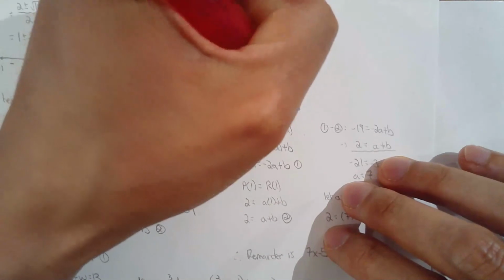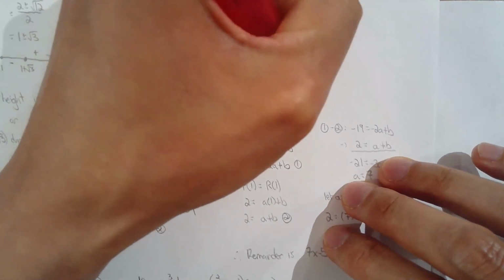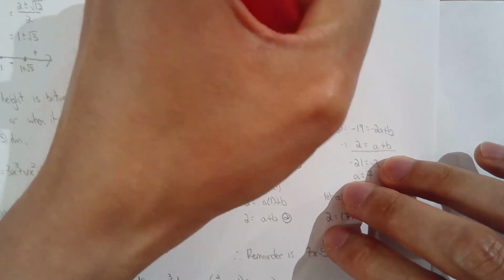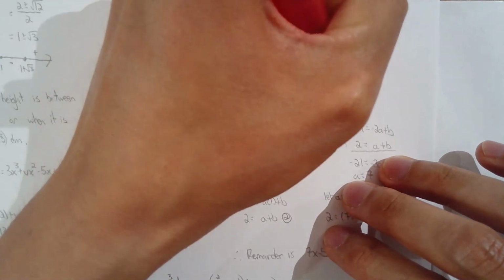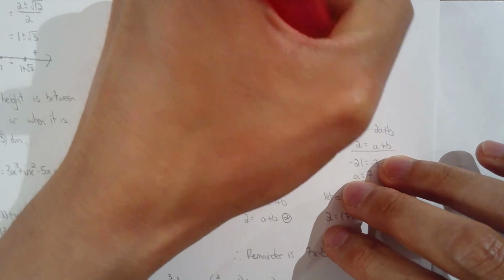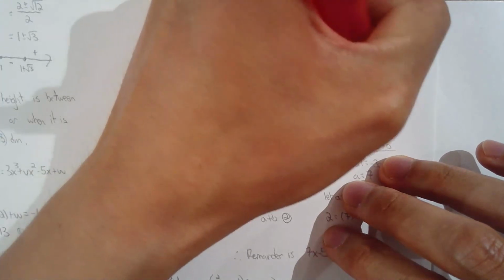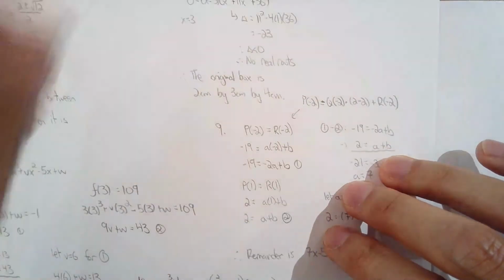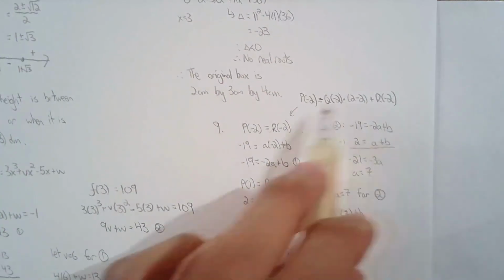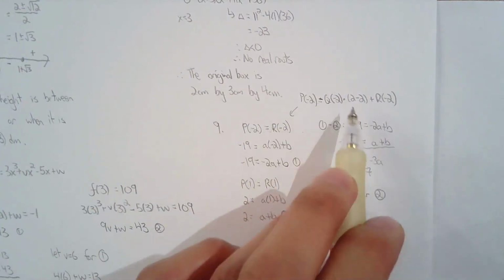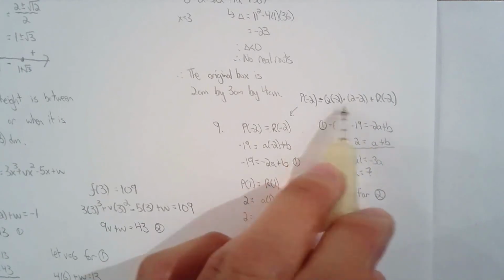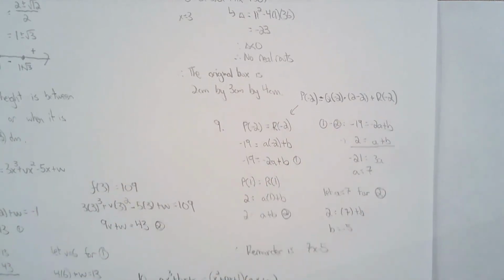So p of -2 equals q of -2 times (2 minus 2) plus r of -2. Okay, so that was from the division statement. So anyways, once you're here, you'll be left with this, because 2 minus 2 is 0, and 0 times anything is 0, so you're left with r of -2.